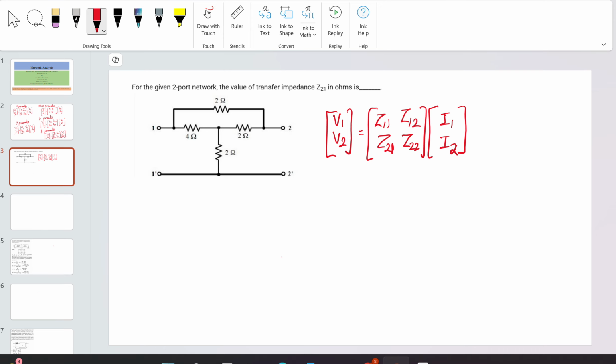What we need is Z21. What is the value of Z21? Z21 is V2 by I1 with I2 equal to 0.